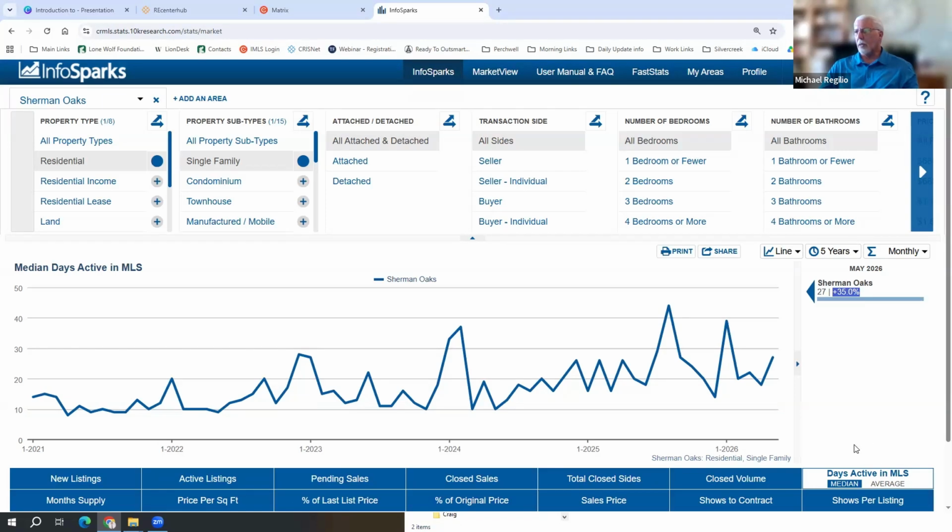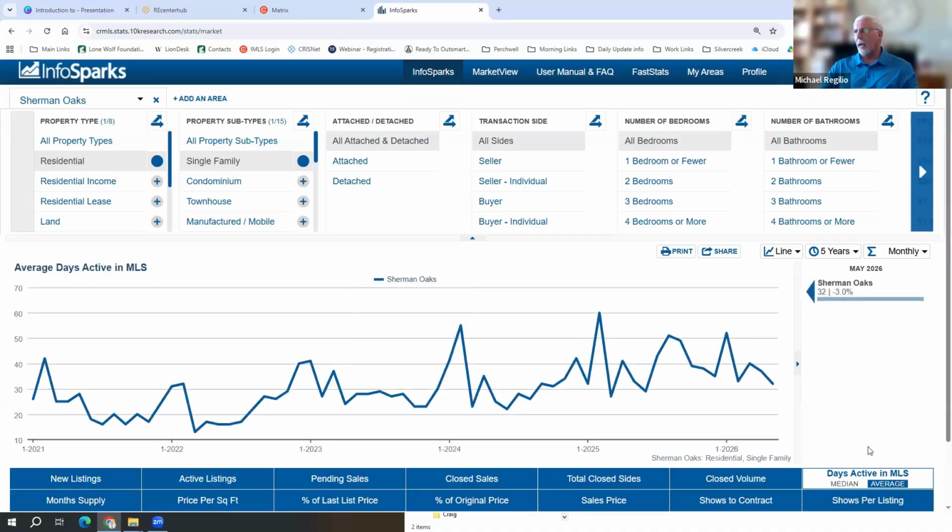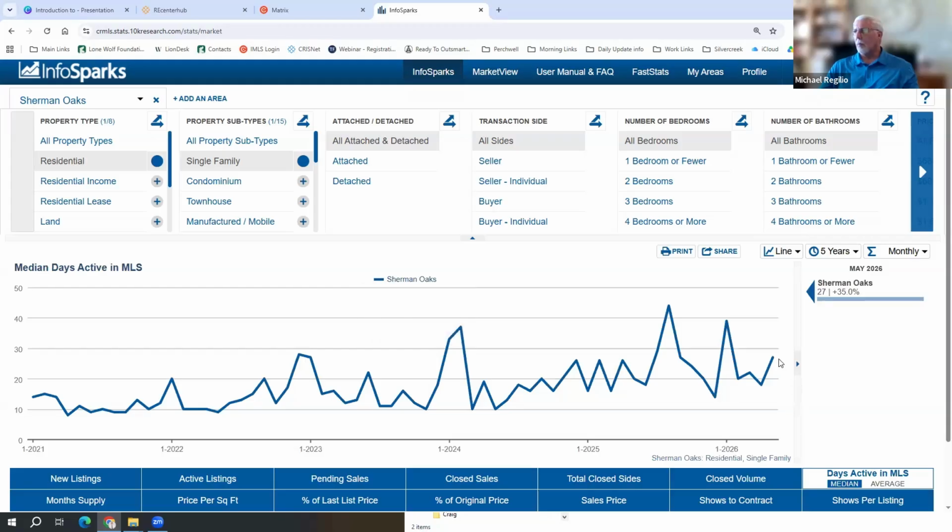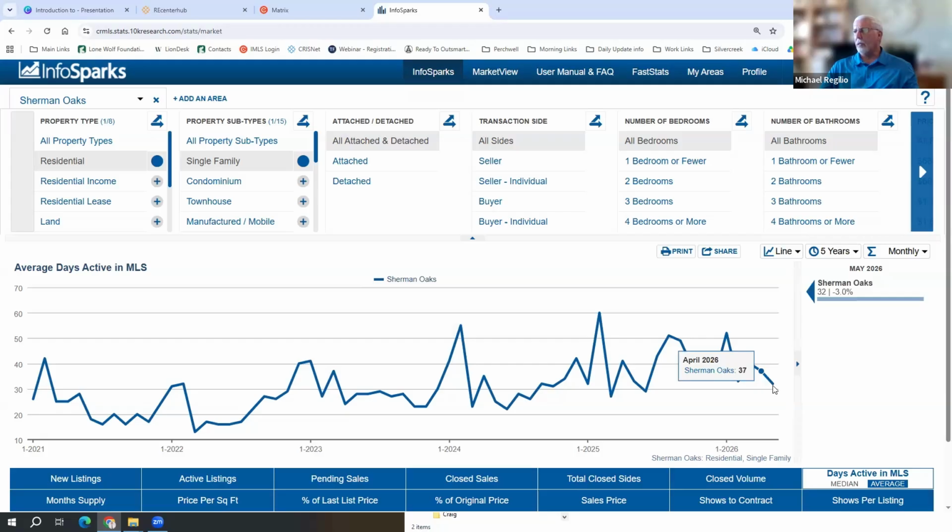In some of these data points, we have a median and we have an average, right? The average, the total of all the sales divided by the total days on market, is 32. So we're somewhere between 27 and 32 days on market.